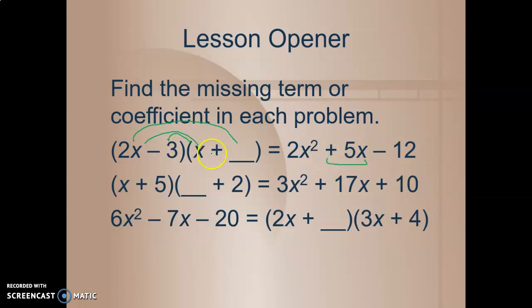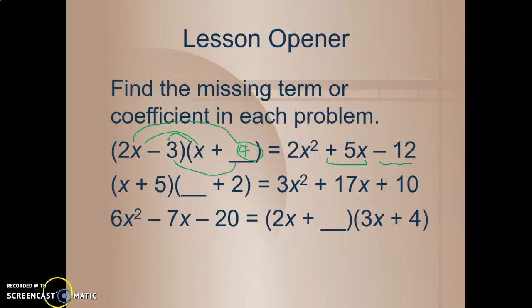Well, I know that 8 minus 3 is positive 5. All right, let's see if that works there. What if we tried an 8? 2 times 8, nope, 2 times 4 would have to give us the 8. And then we know our last term needs to be negative 12, and negative 3 times positive 4 is indeed negative 12. So the 4 does work there.